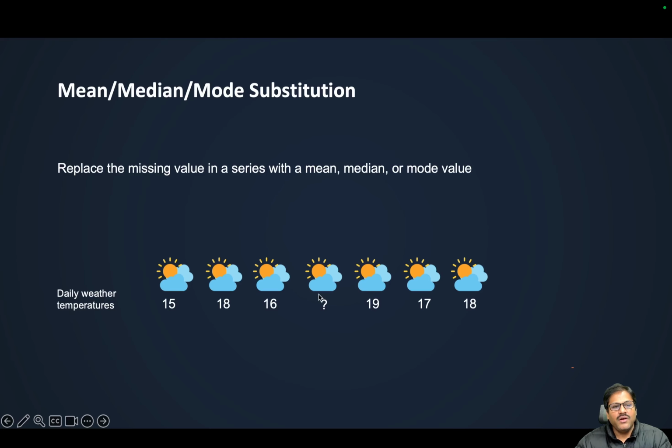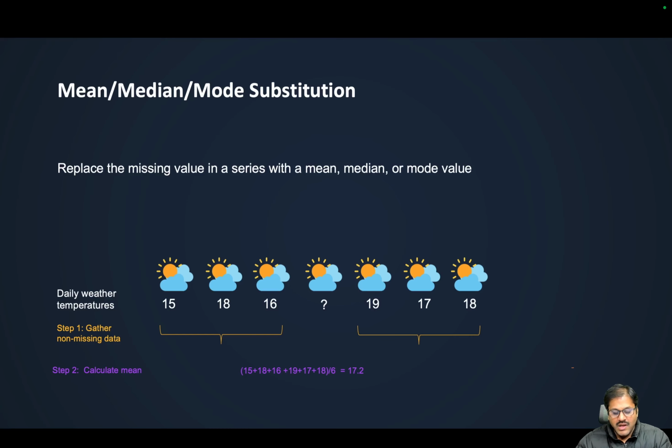To do this, in the mean substitution method we first gather the data that is available to us. Then in the next step, we sum up the values. In the final step, we calculate the mean value and replace the missing value with the mean value.